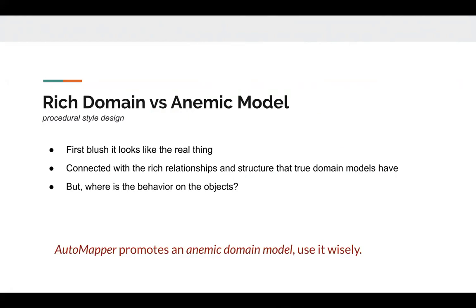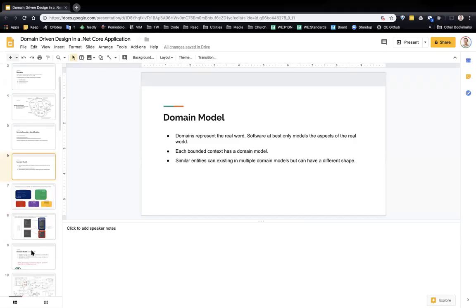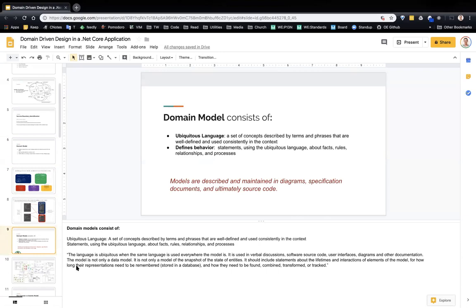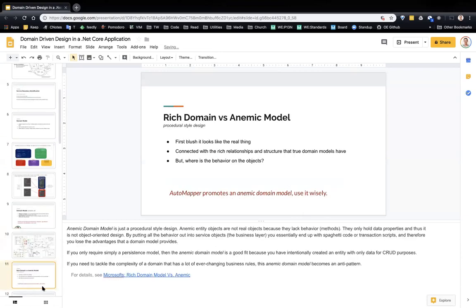If you look at some of our repos, a lot of them are doing this, where you have DTOs, for example, data transfer objects, and all they're doing is more of a CRUD type of class structure, right?